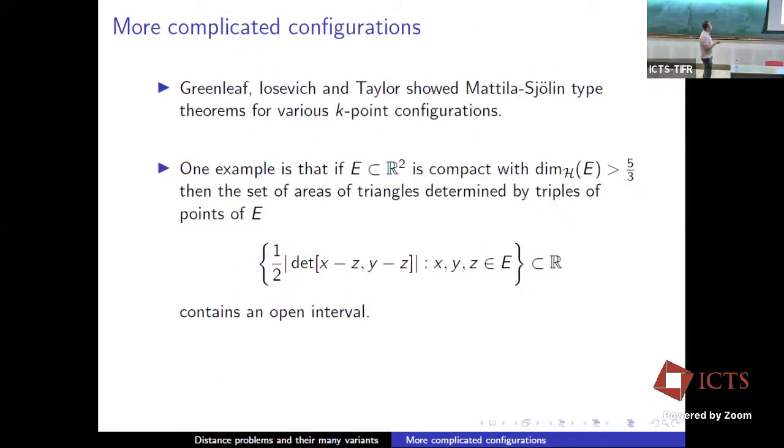In any case, Allan Greenleaf, Alex Iosevich, and Krystal Taylor have done Mattila-Sjölin type theorems for various k-point configurations. Here's one example. The configuration that the quantity I've written down corresponds to takes in 3 points. You could think of these as side lengths of the triangle that they form, and what you're computing here is the area of the triangle.